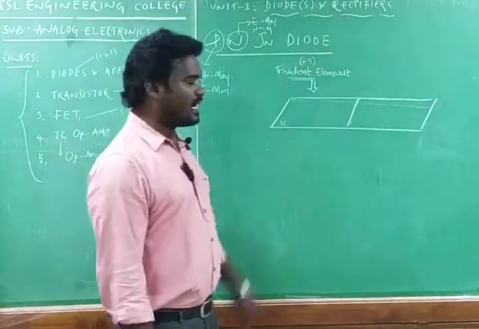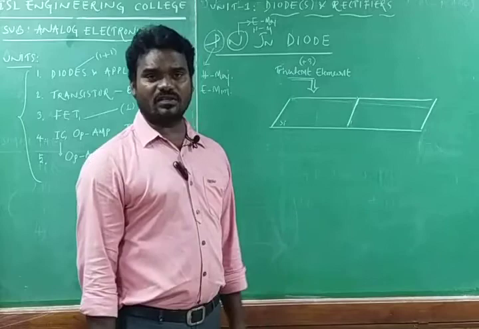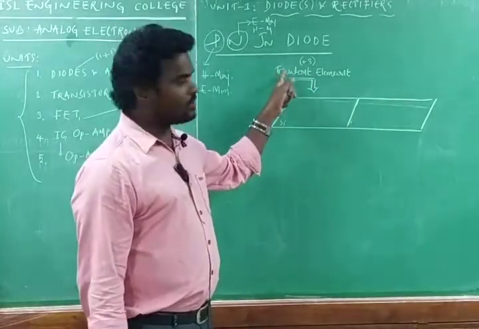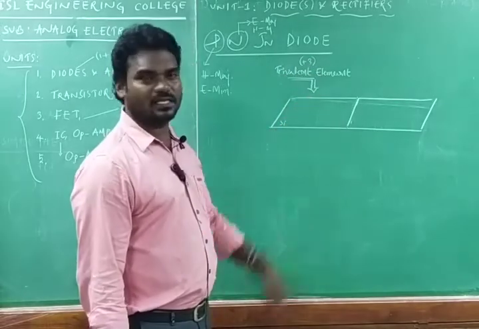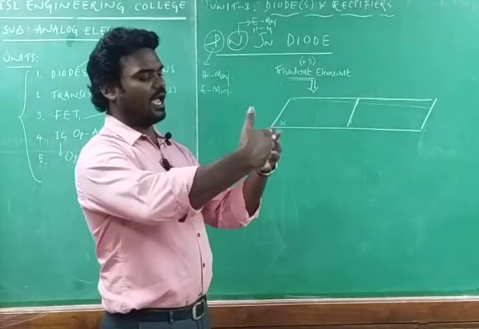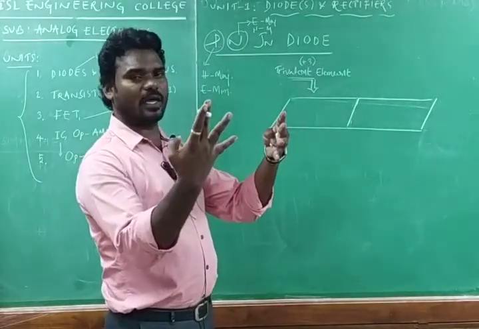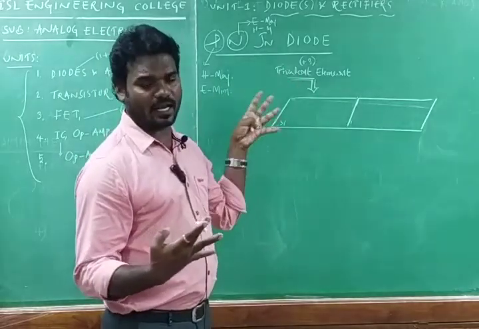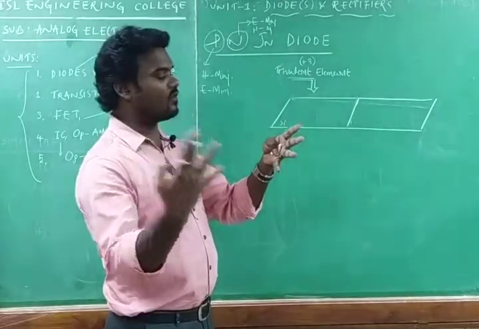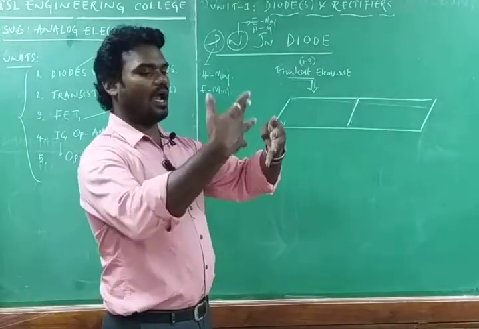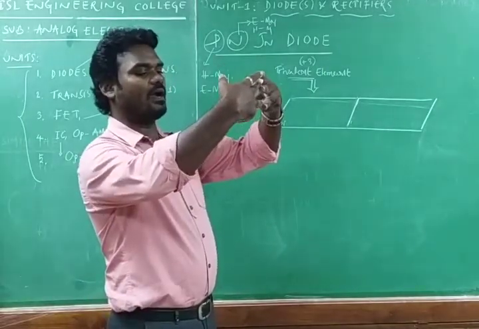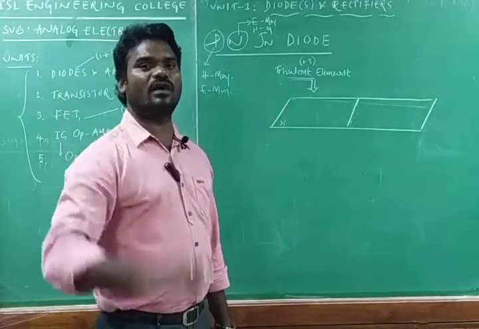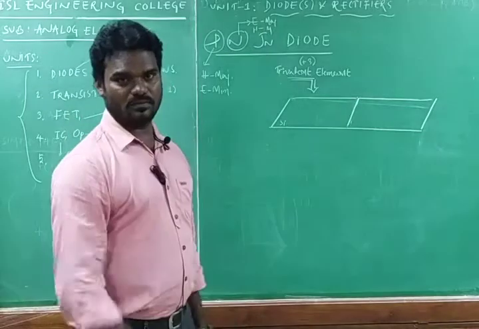But here silicon has 4 valence electrons, and due to the doping process the dopant is giving only 3, so the 4 and 3 electrons are ready to pair with the other electrons. Here it is having 4 and here it is having 3 only, and 3 to 3 makes the covalent bond, and 1 electron will be empty, so it forms the covalent bond with a hole.